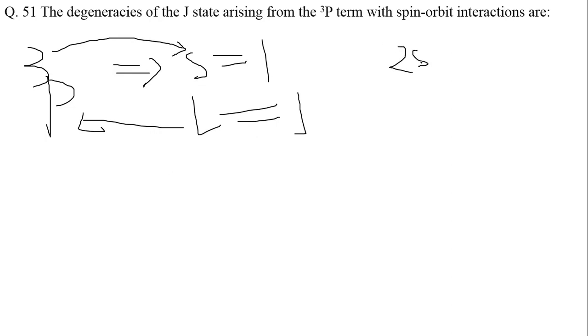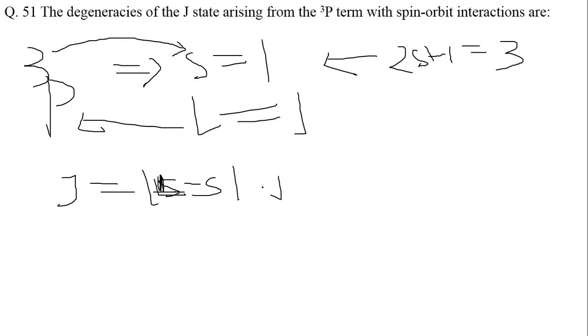Since s equals 1 and l equals 1, J will be how much? J will be l minus s to l plus s. So it will be 1 minus 1, that is 0, and 1 plus 1 equals 2. So it will be 0, 1 and 2.